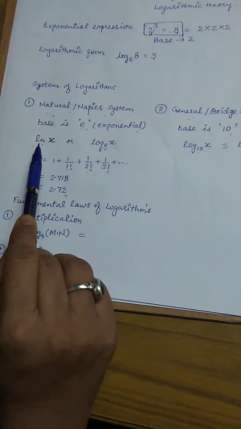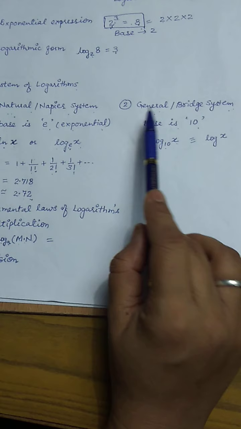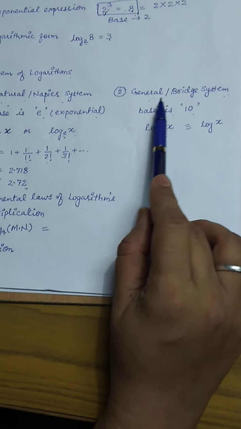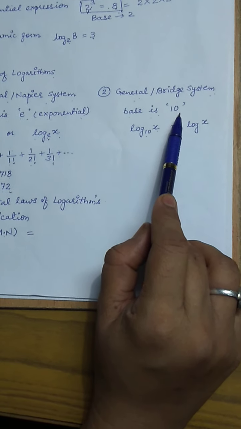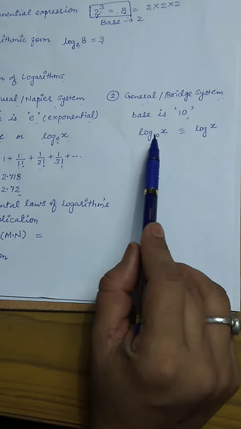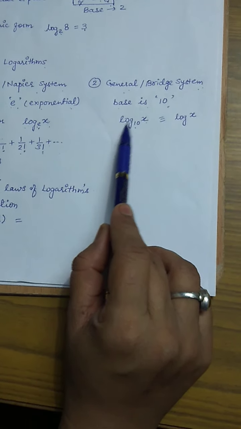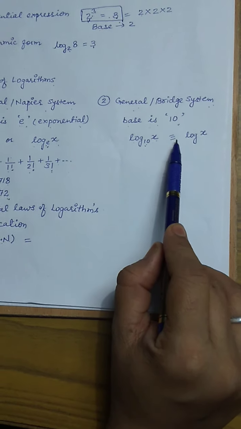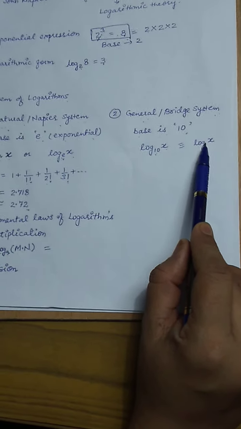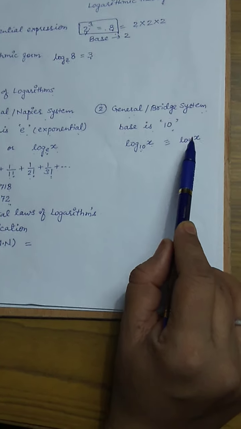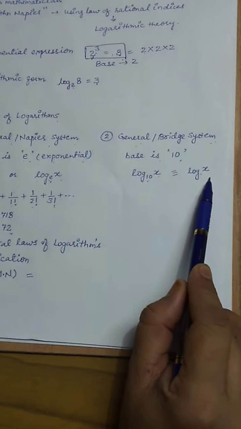In the second system, the general or bridge system, the base is taken as 10, and it is written as log x to the base 10. In general, all the science calculations are like this. So, in general, the 10 is omitted and we generally write it as log x.